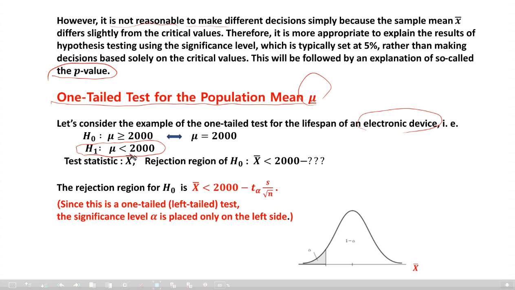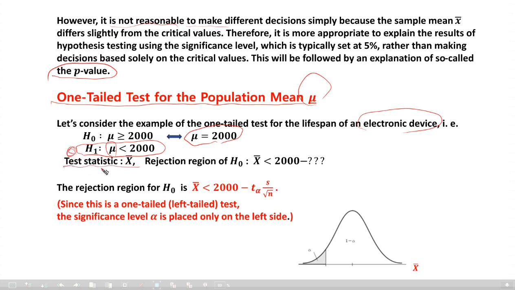Previously, the lifespan is 2000, okay? But they want to reduce production cost by replacing some part. So they doubt, oh, the lifespan becomes less than 2000. They worry about that. So they can test this kind of one-tail test.